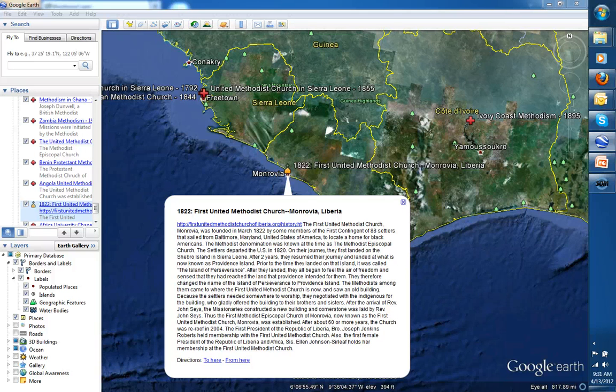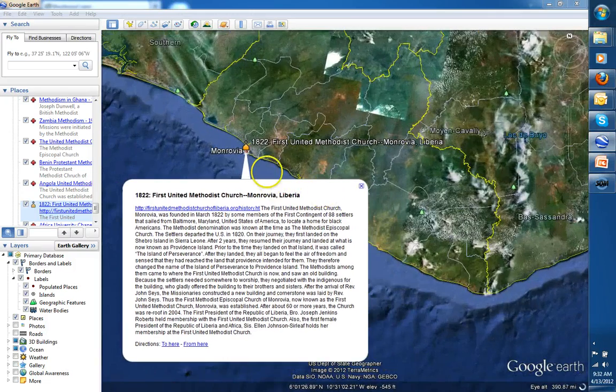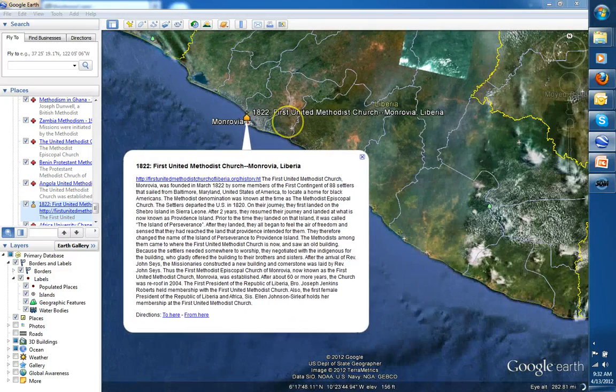Also, if you'll recall, the AME also entered both Sierra Leone and Liberia earlier in the work of Daniel Coker, a good 10 or 11 years before the Methodist Mission Society actually sent Cox there. You can look at the story. There's a lot of material there.